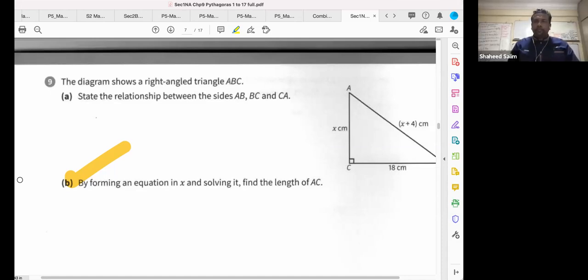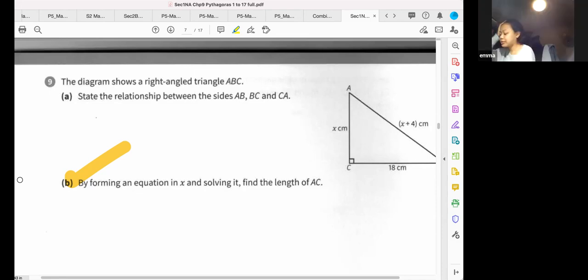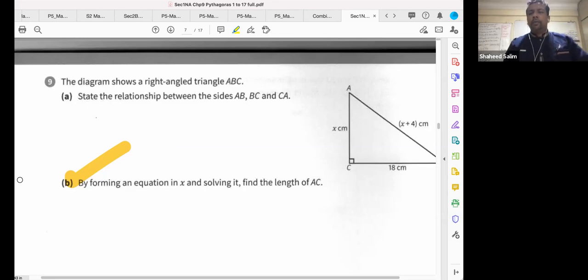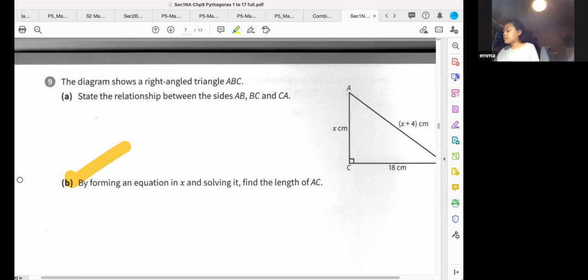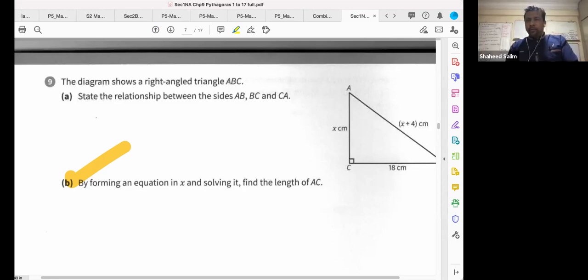Are you okay, Emma? I don't know how to solve it. Okay, can you take a photo of what you've done? I just need to see your working. It's a bit messy. You're going to show me?